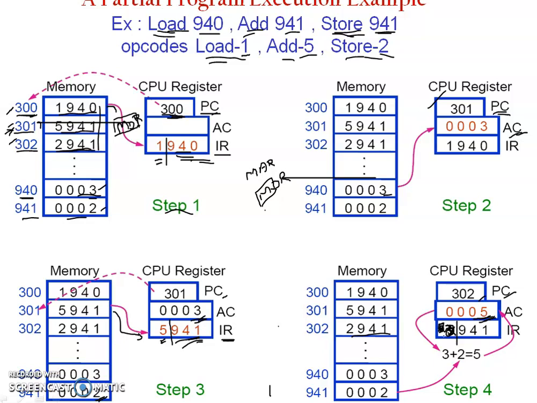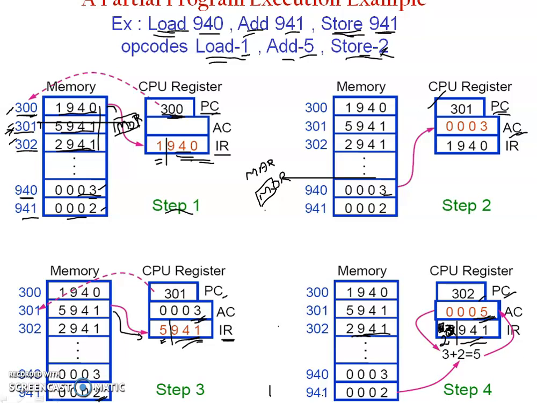Hoping that you are able to understand. 2941, that is PC is pointing to the next instruction to be executed, that is 2941. 2941 means 2 indicates store. So 2941 will be placed in IR, it decodes the instruction, and understands that the processor needs to perform the store operation to which memory location? 941.